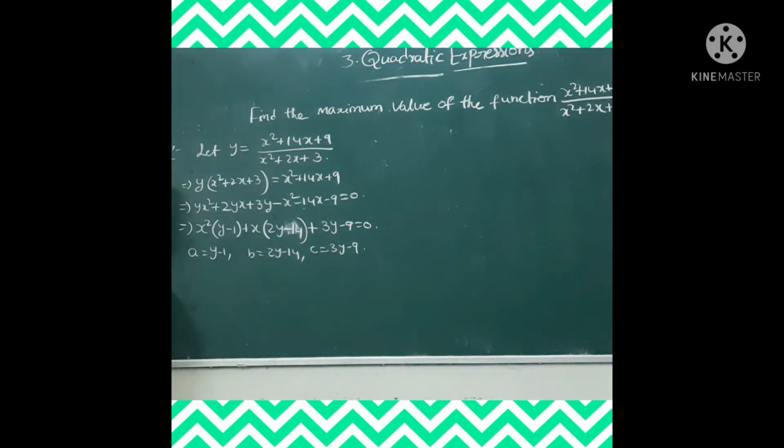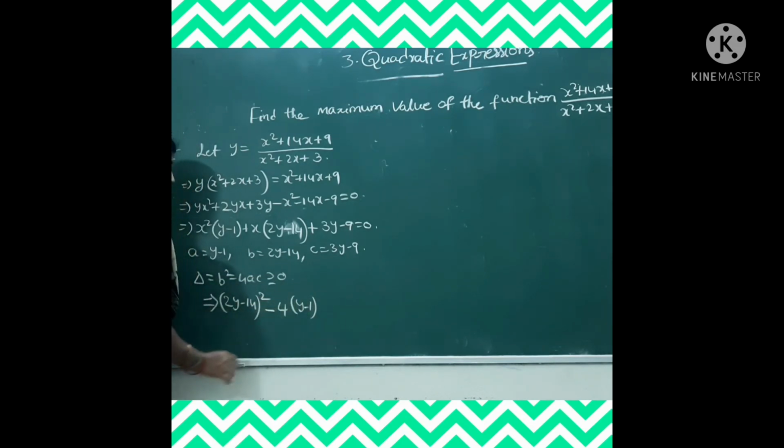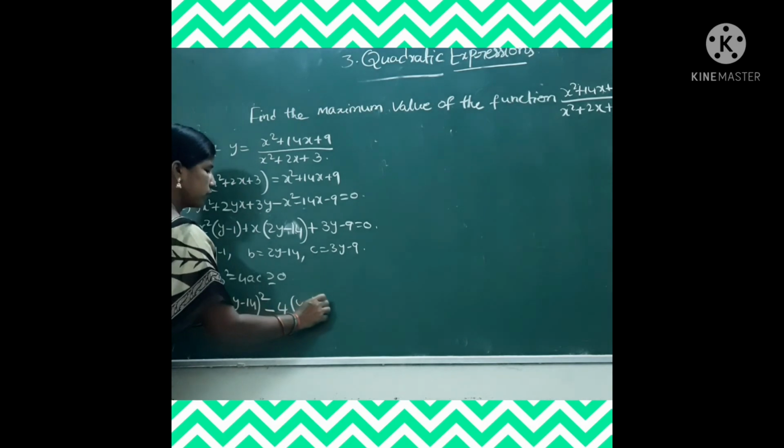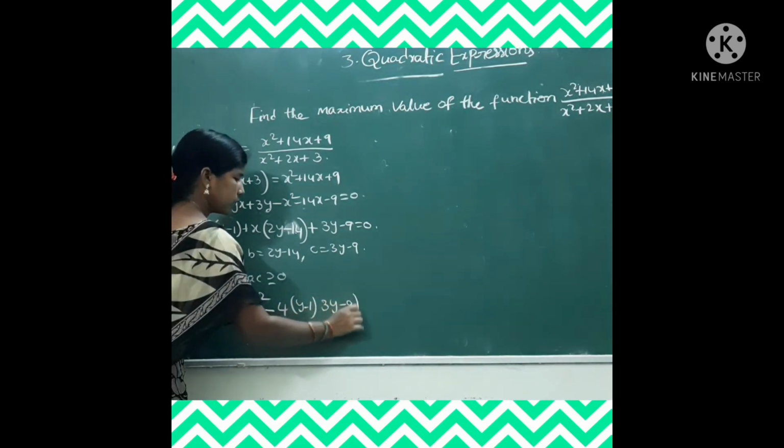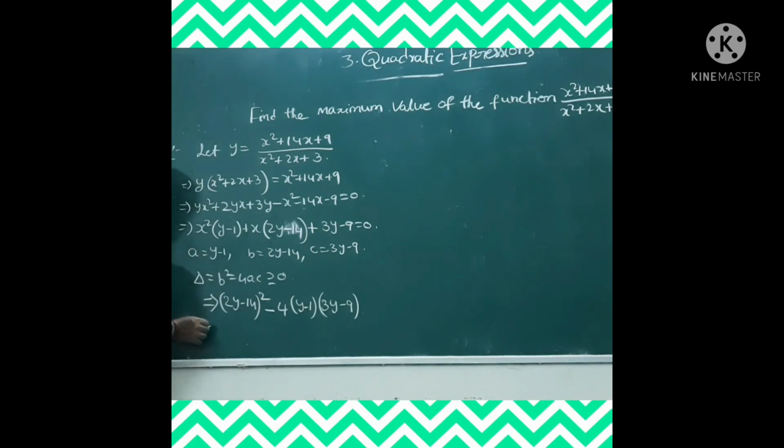Now we find out the discriminant of this equation. These are real roots. That's why delta is equal to b square minus 4ac, which is greater than or equal to 0. That implies b square means (2y minus 14) whole square, minus 4 into a means y minus 1, into c, 3y minus 9. Okay, see here: (a minus b) whole square.